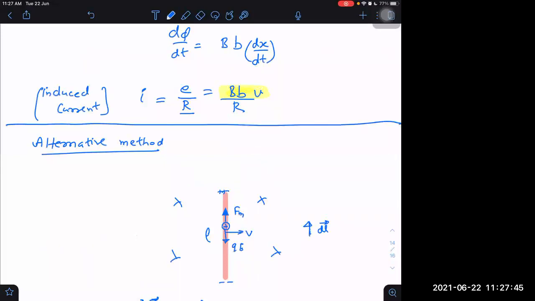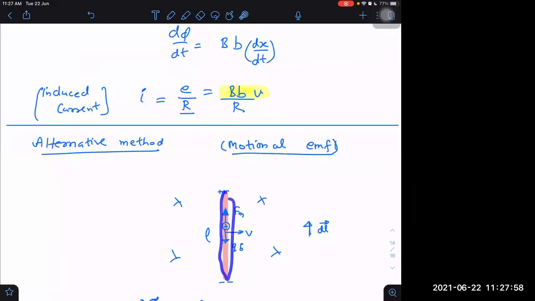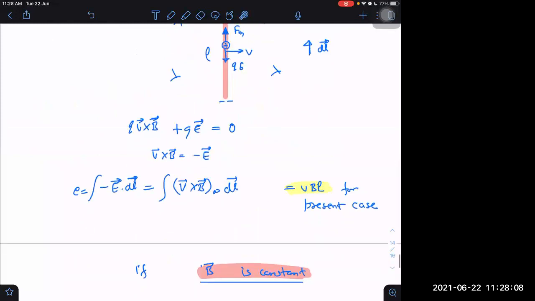When we analyze in the following way, then we call it the same EMF. It is the same EMF, not a different kind of EMF, but we name it motional EMF because it is due to the motion of some wire in the magnetic field region. But it is not different. It is the same thing as before.